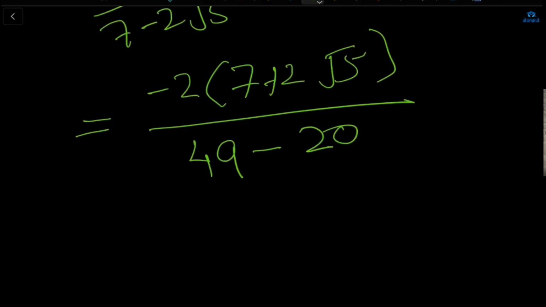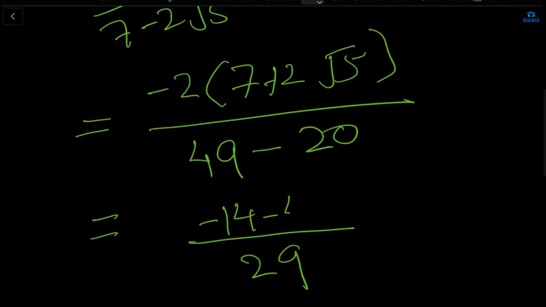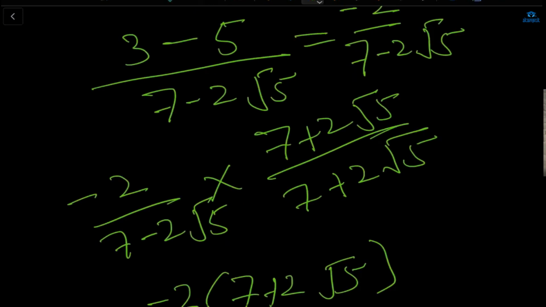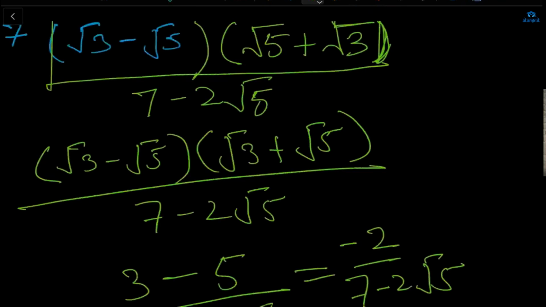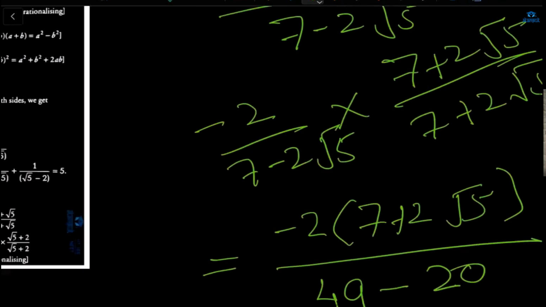So the answer here is minus 14 minus 4 root 5 over 29. Everybody is solving by themselves also, that's very good. Understood this question? Now, let's see another one.